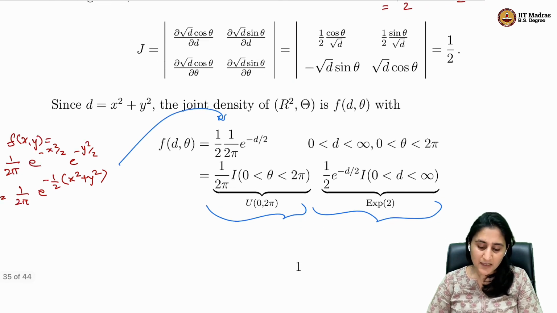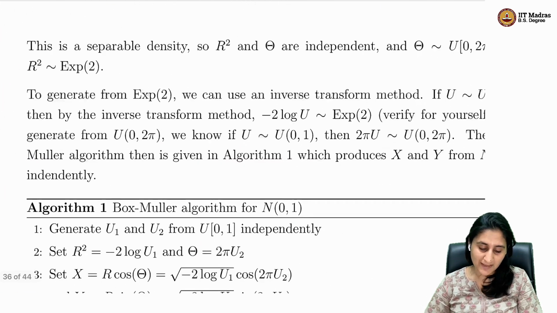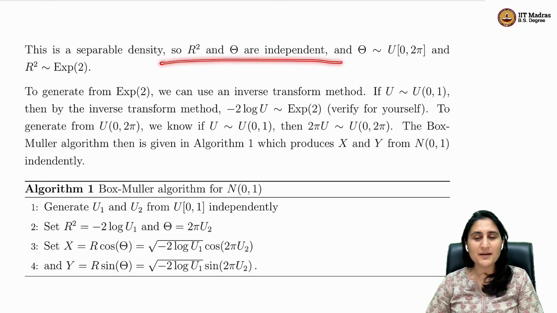And that gives me a great way to actually simulate this random variable, because this is a separable density, right? So r squared and theta are independent of each other, and further theta is distributed from 0 to 2 pi and r squared is exponential 2.